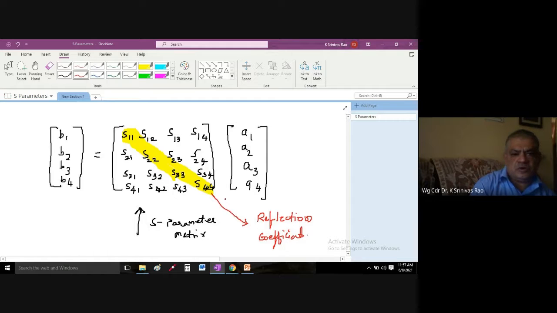Because in the two-port network also, S11 and S22 represented the reflection coefficients. Here, all four will represent the reflection coefficient.